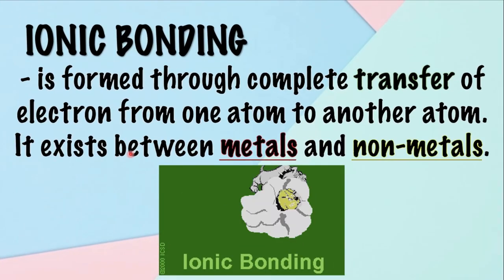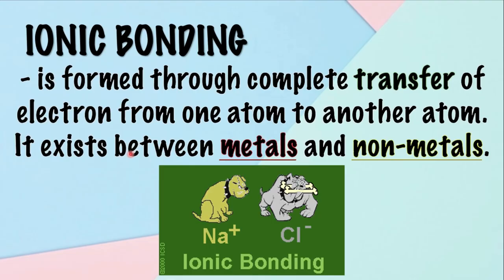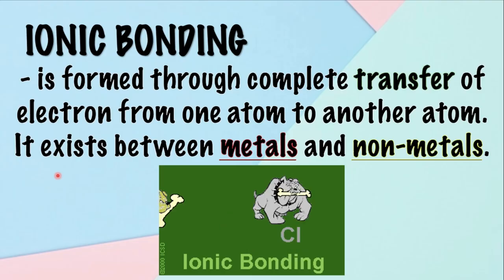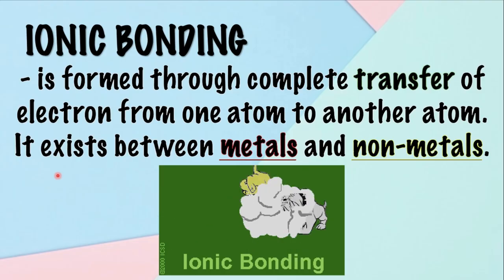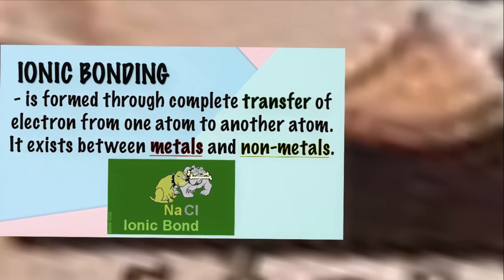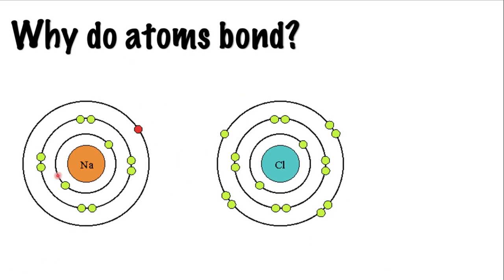One type is ionic bonding. It is formed through complete transfer of electrons from one atom to another atom. It exists between metals and non-metals. Now, the question is, why do atoms bond?